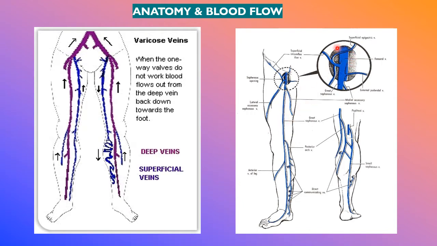It's very important to appreciate the anatomy at the saphenofemoral junction. The long saphenous vein enters below the inguinal ligament into the femoral vein, and this junction is of utmost importance, because most of the time the pathology of varicose veins is the incompetence of this SF junction.